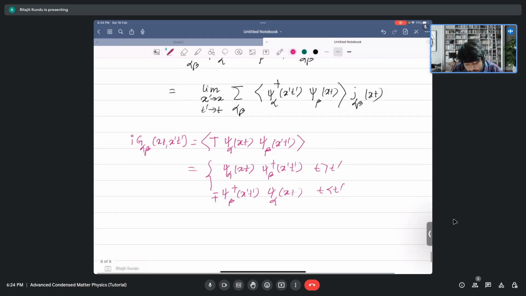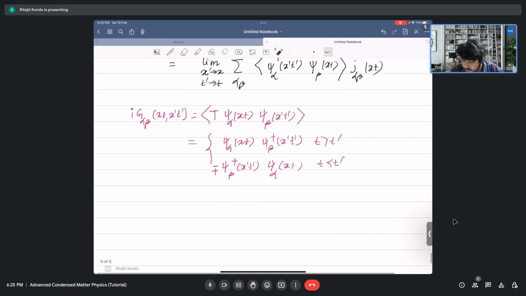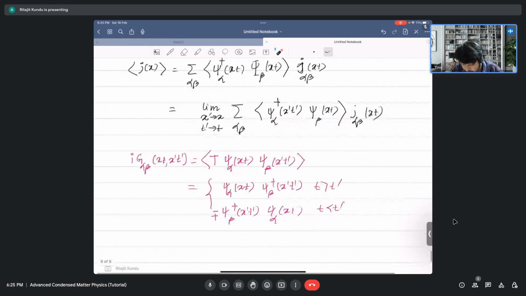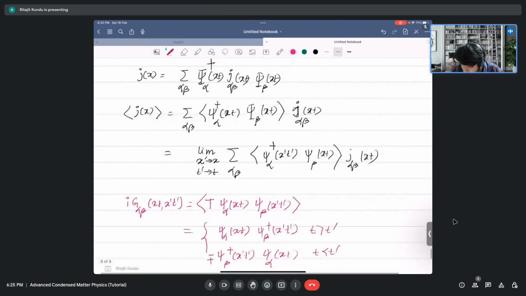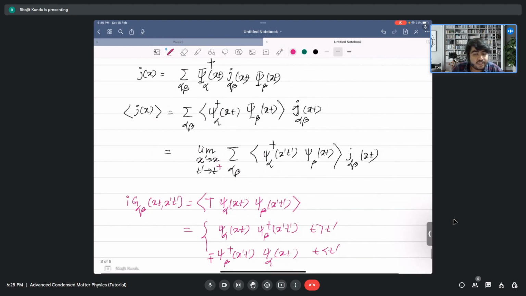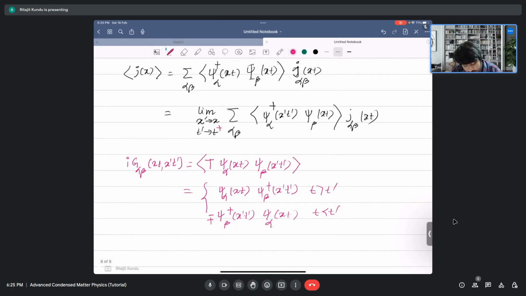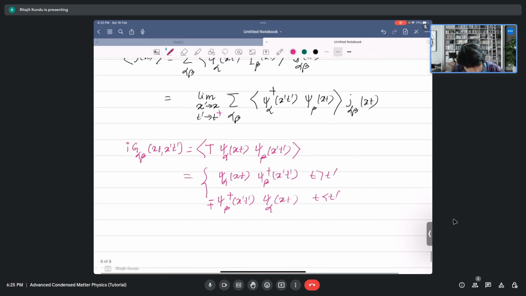We see that this matches with this part, right? But the alpha and beta indices are flipped. So let me also take t prime to be t plus, so that I can really use this definition. Then in place of this expectation value of the field operators, I'll directly put the Green's functions.